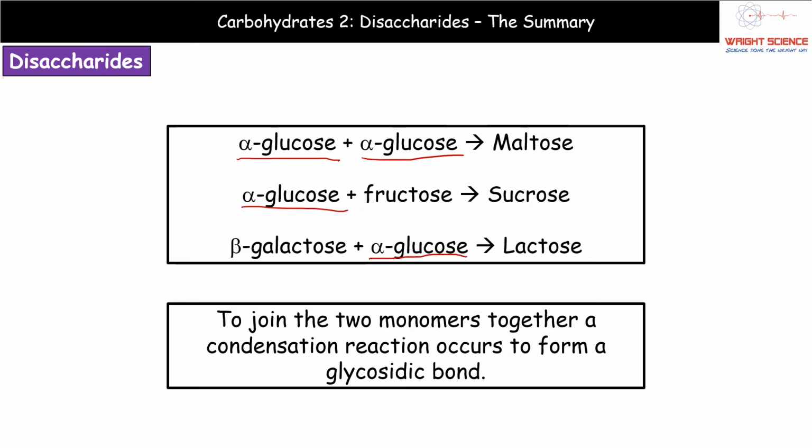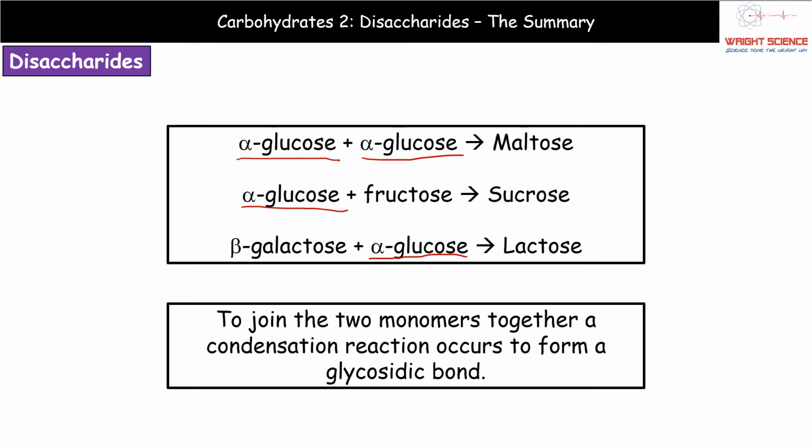So as far as our 3 disaccharides go, if they were to give you a question asking what the monosaccharides that make them all up are, and you're having a complete blank moment in your head, if you write down alpha glucose, then that's 4 of the 6 answers correct, because alpha glucose makes up 4 of those 6 units.